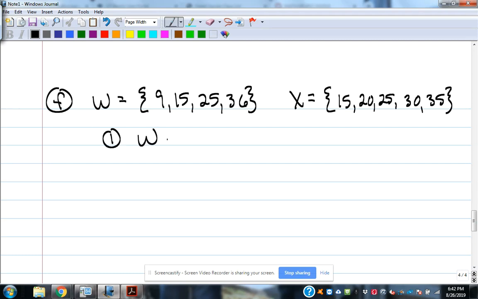Question 1, W intersect X. And question 2, W union X. And technically, it doesn't matter what order you put the W or the X. It should be the same set no matter what.